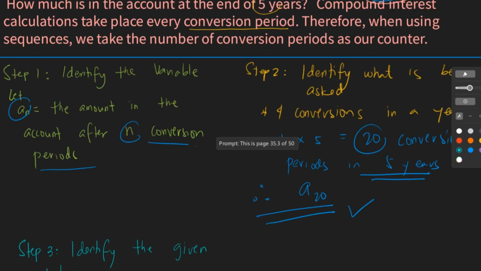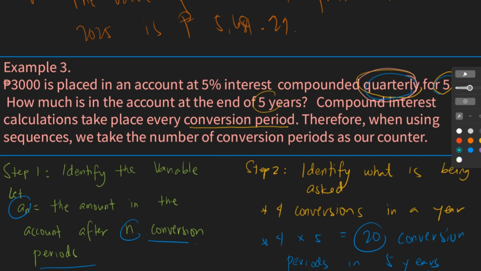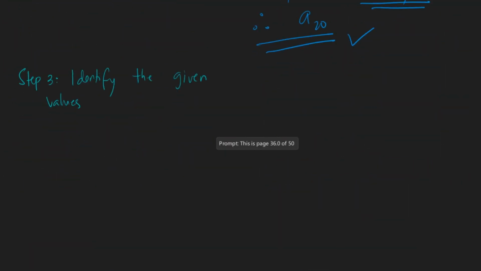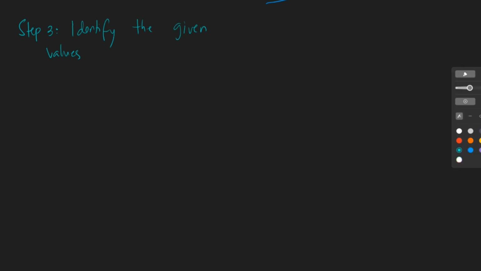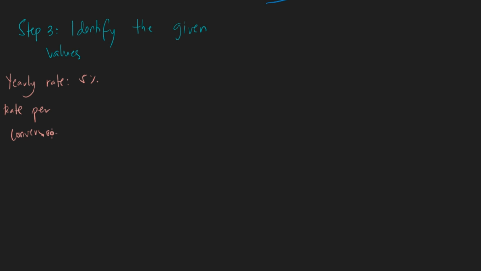So in the problem, as you can see, the yearly rate is 5%. So again, our yearly rate is 5%, and we need to find the rate per conversion period.